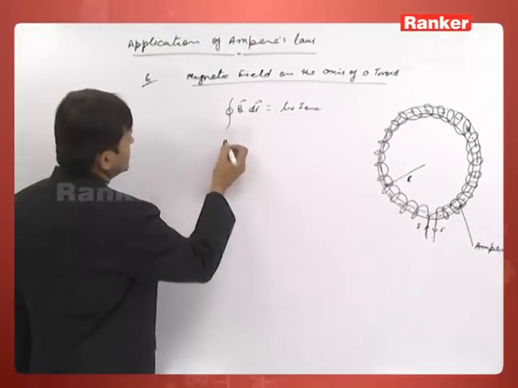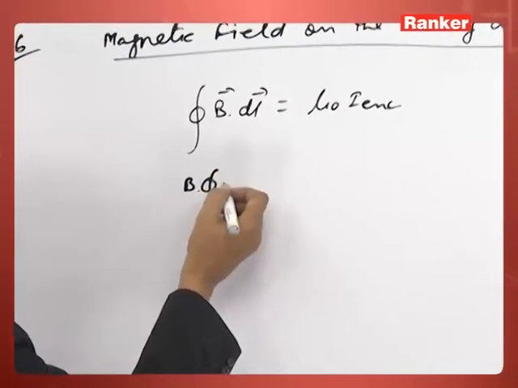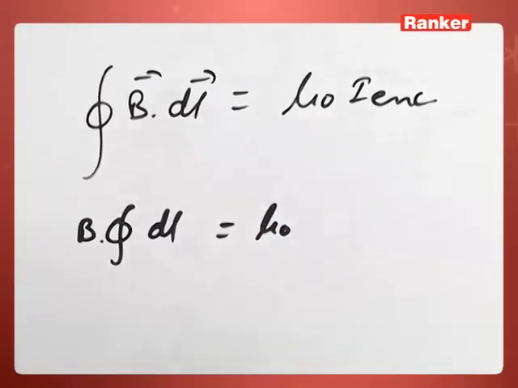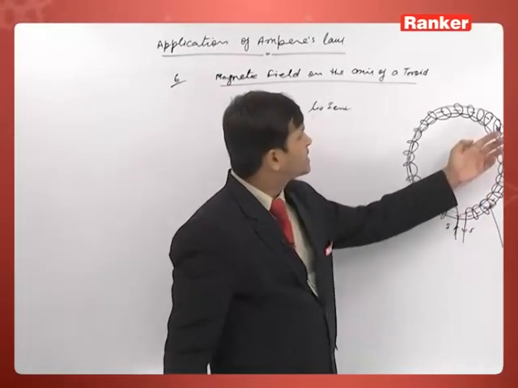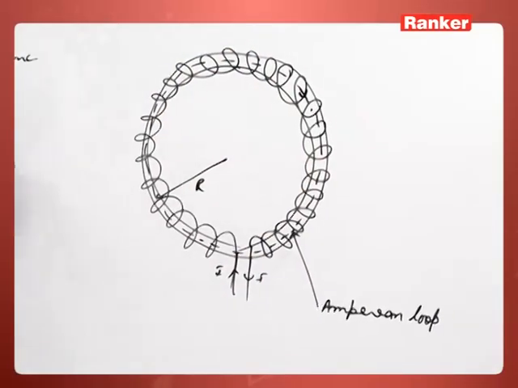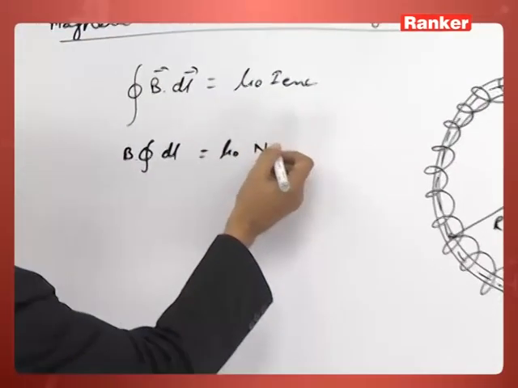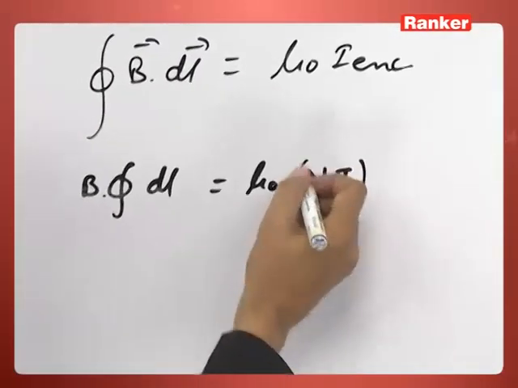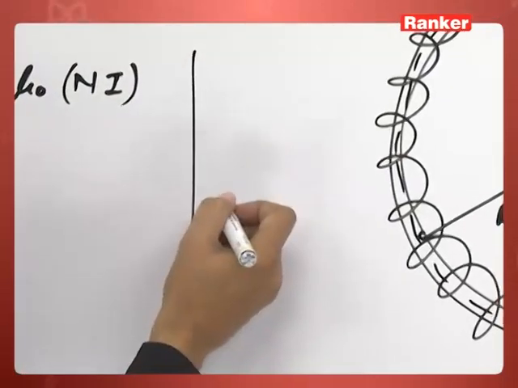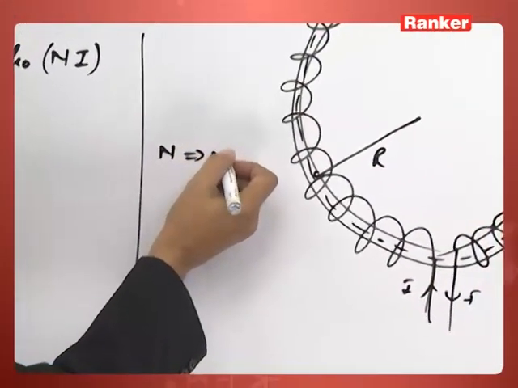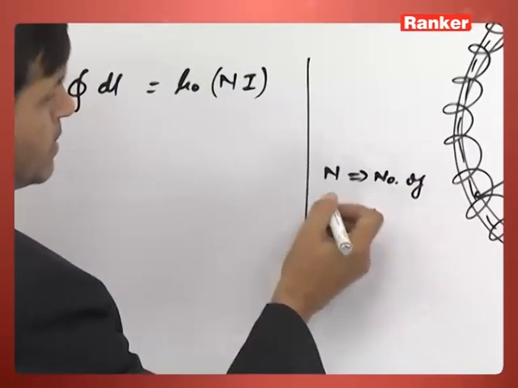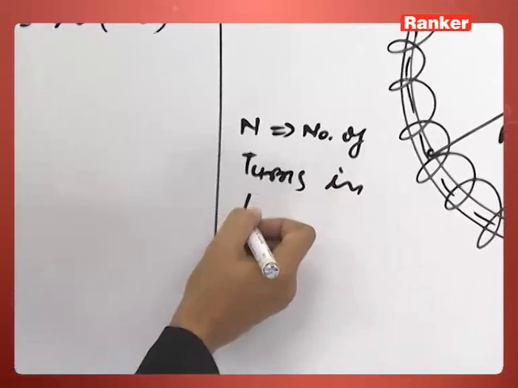So we can write B dot dl equals mu naught I enclosed. I enclosed means, let the total number of turns in the loop be N. So the current is N into I, where N is the number of turns in the toroid.